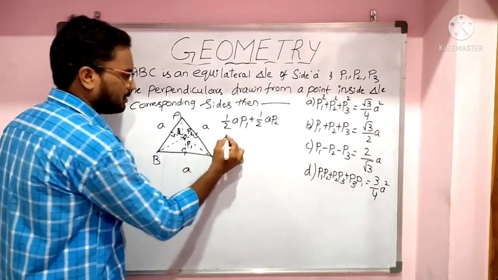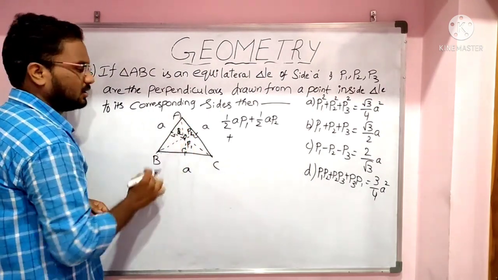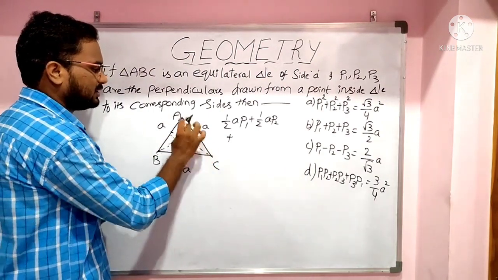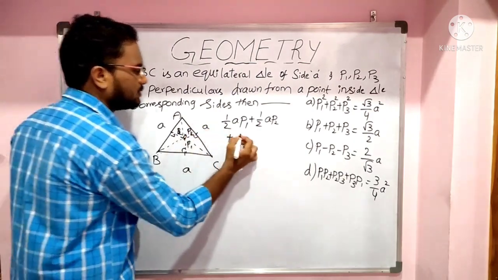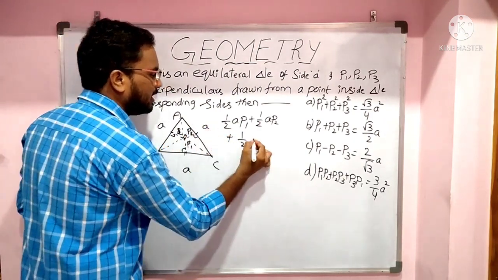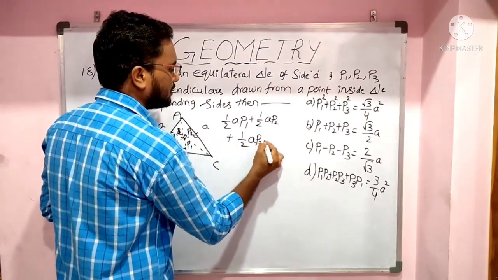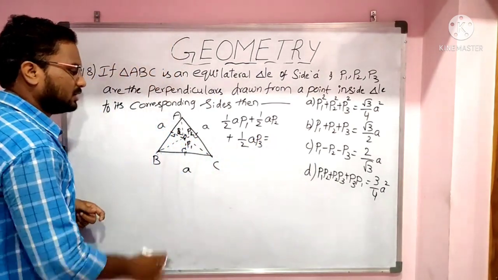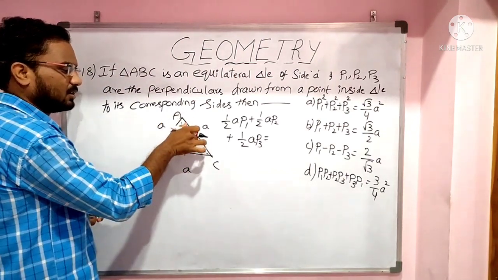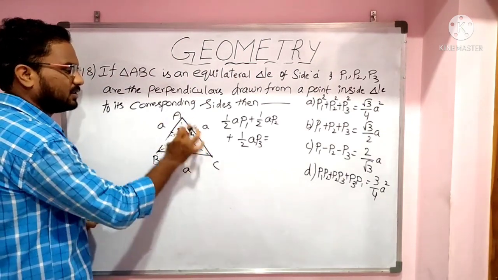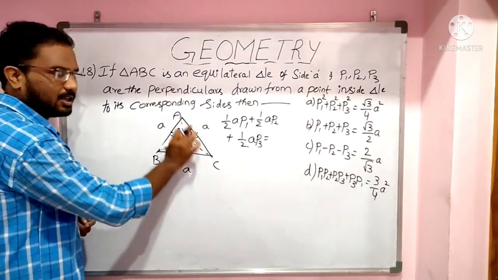And plus, for the triangle AOC, half into base A and height P3. This triangle area plus this triangle area plus this triangle area equals the total area of triangle ABC.